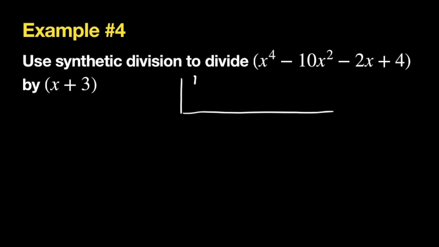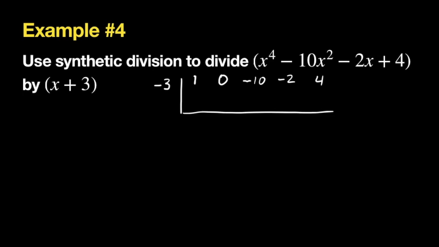Now we don't have an x to the third, so we're just going to put a 0 there because we're missing that value. Then we continue with negative 10, negative 2, and 4. And again, we're going to change the sign of whatever we're dividing by. So we're going to put negative 3.